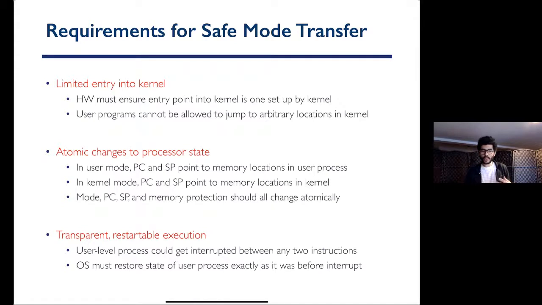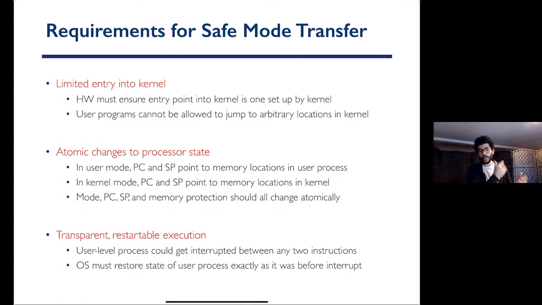The third one is kind of a stack. So a stack pointer was pointing to the stack of the user. Now I do a mode transfer. I want the stack pointer to point to the kernel stack. So these are different operations. Now I want them to be done atomically. I don't want to change mode and the process state hasn't changed.